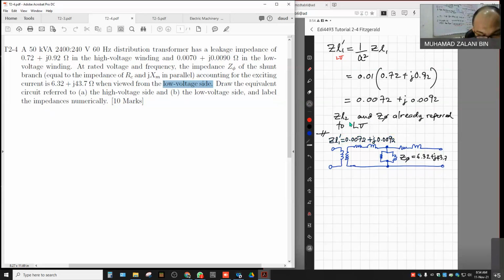Then just write ZL2. This is ZL2, given in the question.